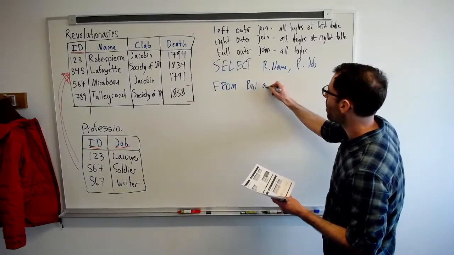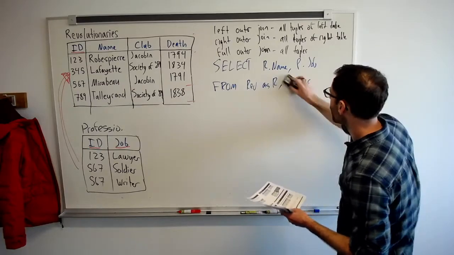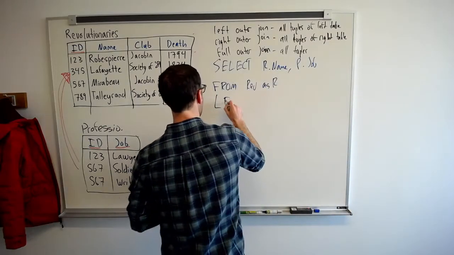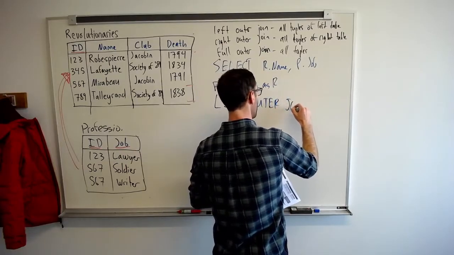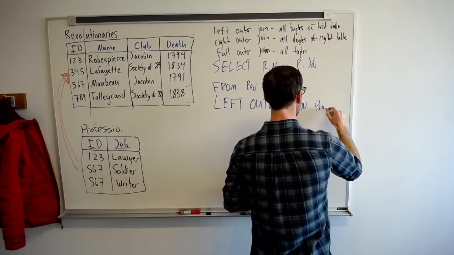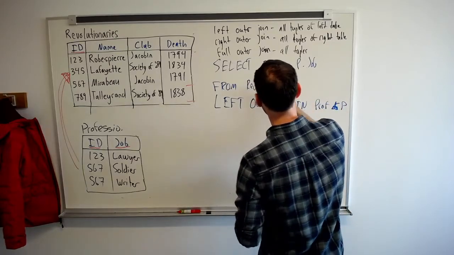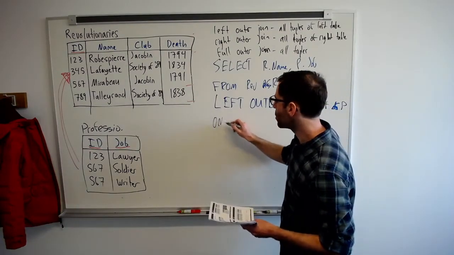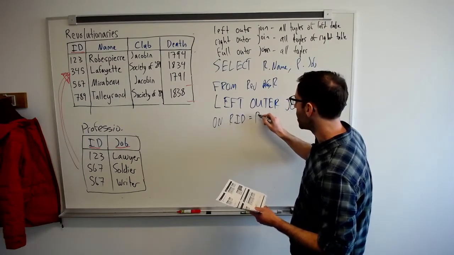So I'll just say rev as R, and then we want to say left outer join. We want to left outer join that to our profession table as P. And then we still need to say we want to join it on the ID attribute.